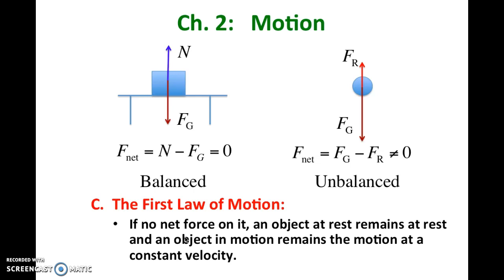The net force on the body is 0, no net force. For a falling object, when it has not yet reached the maximum speed, the air resistance is not great enough to balance the gravity. Net force is not 0. Unbalanced.